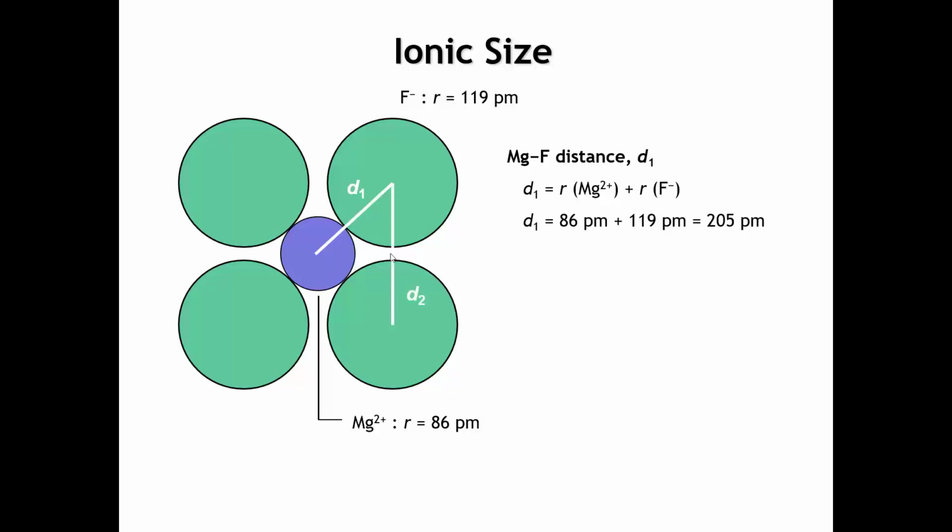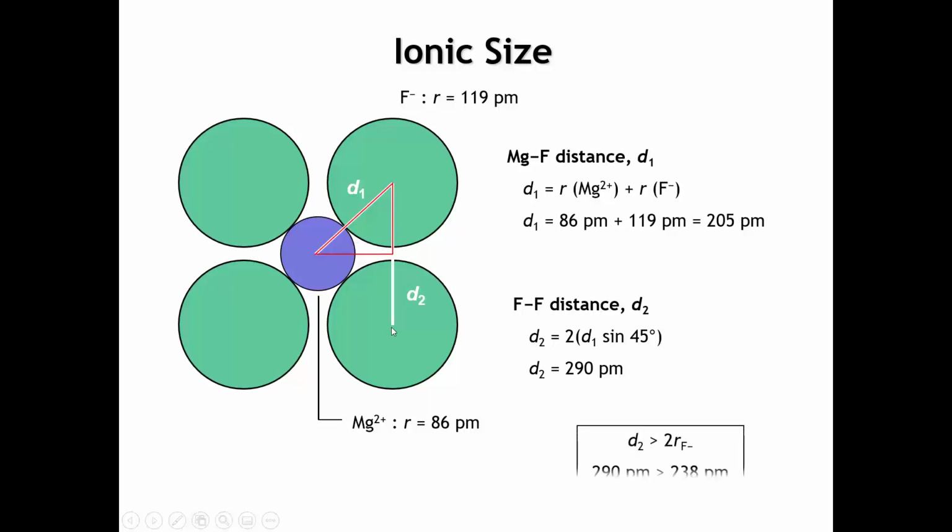A little trigonometry here again. We've got a 45-degree triangle, and so the side of the 45-degree triangle is just d1 times the sine of 45. If we take that distance and then multiply by 2, then we'll have the fluoride-fluoride distance. And we come up with 290 picometers.